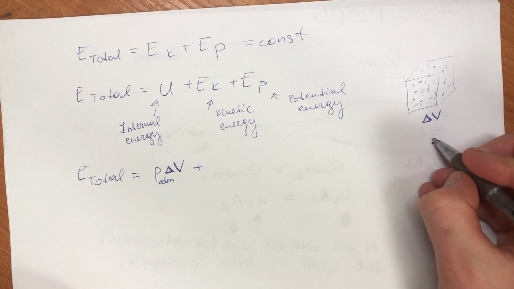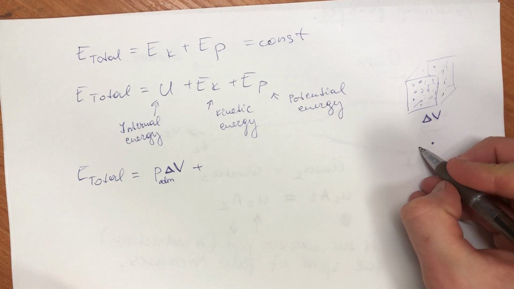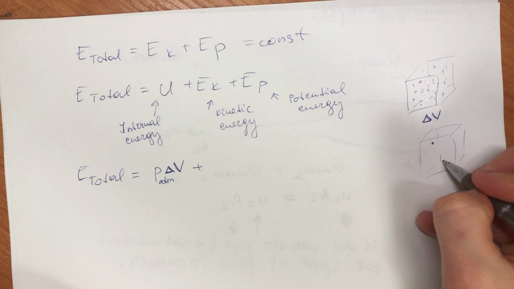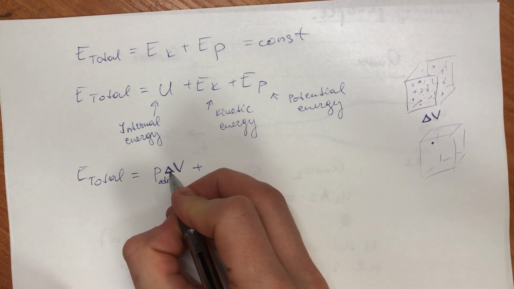It has to take some room in space, so it has to get some volume for a thing to exist.